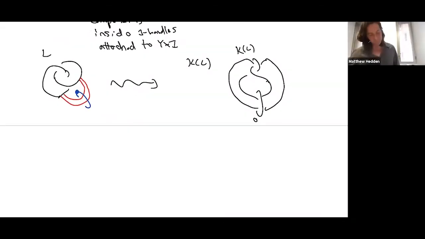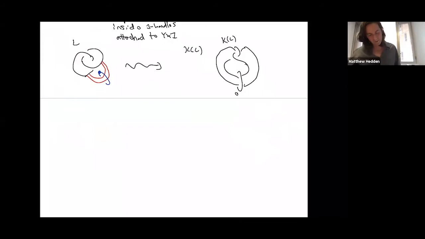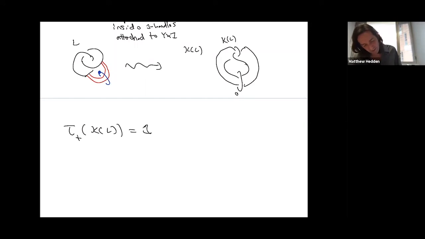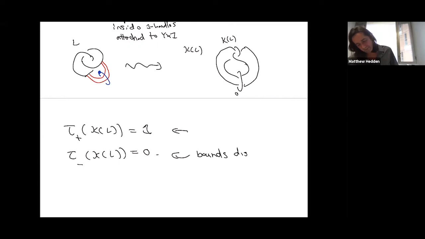In this particular example, the knotification of the Hopf link has the property that tau plus of kappa of L is equal to 1 and tau minus of kappa of L is equal to 0. This reflects the fact that it does bound a disk in S2 cross D2 but doesn't bound a disk in S1 cross D3.